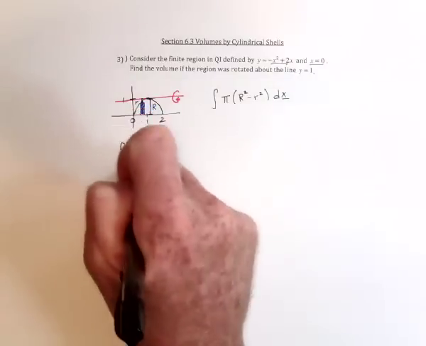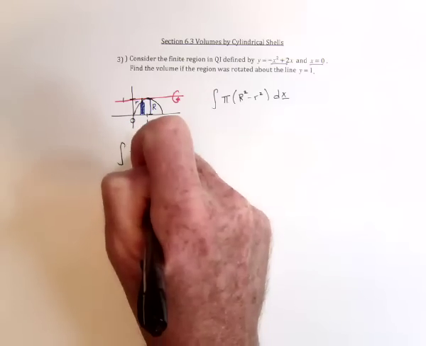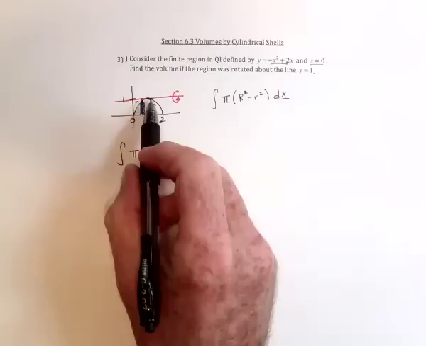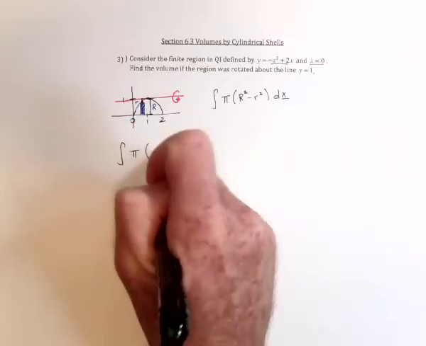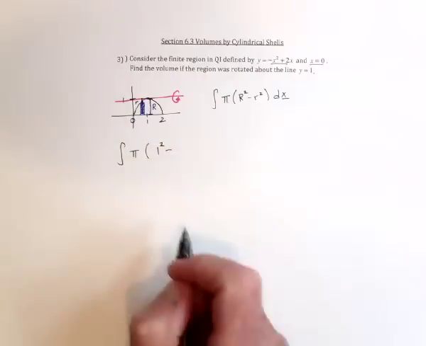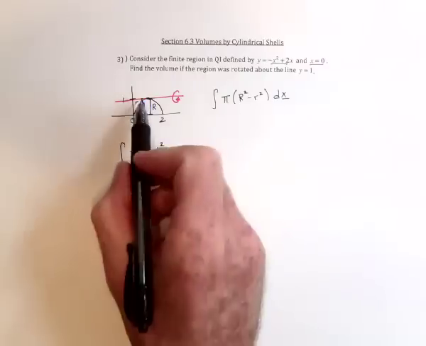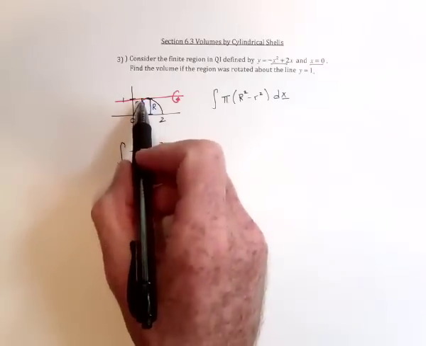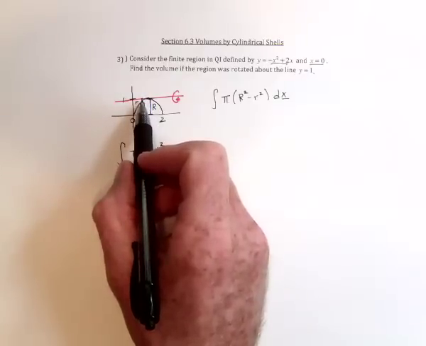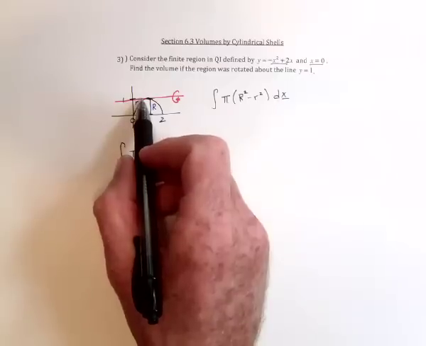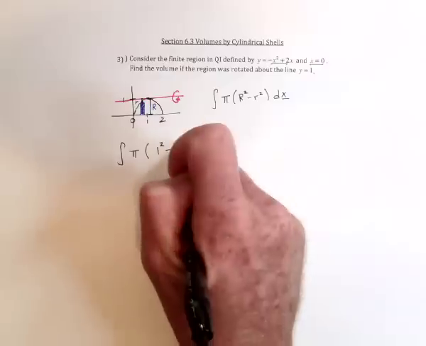Okay, so we've got integrate pi. The big radius is going to be from up here down to there, so that's a length of 1. And then the little one is this little gap right here. Well, at the top, it's at a height of 1. And at the bottom, it's at the height of the parabola. So the length of this gap is the top number minus the bottom number.